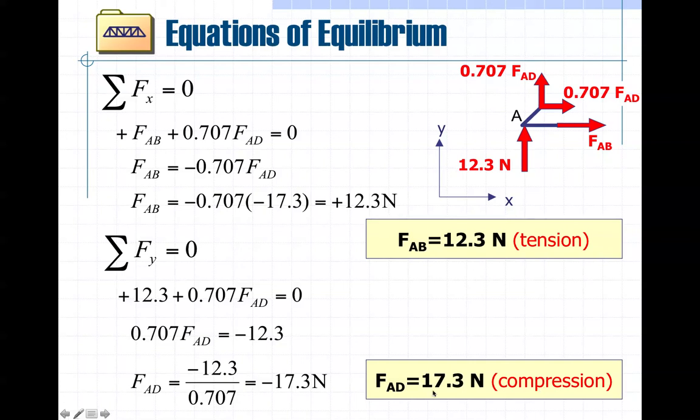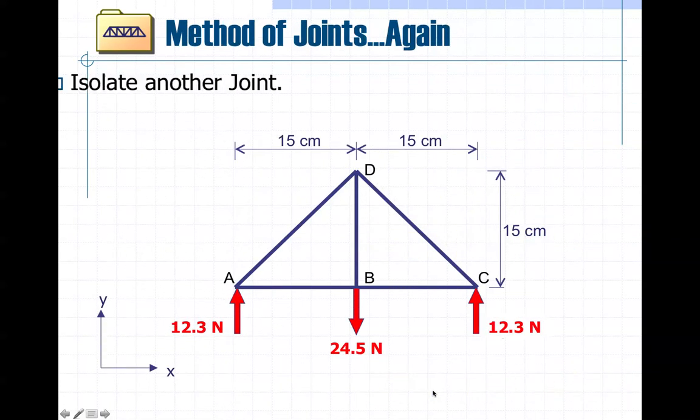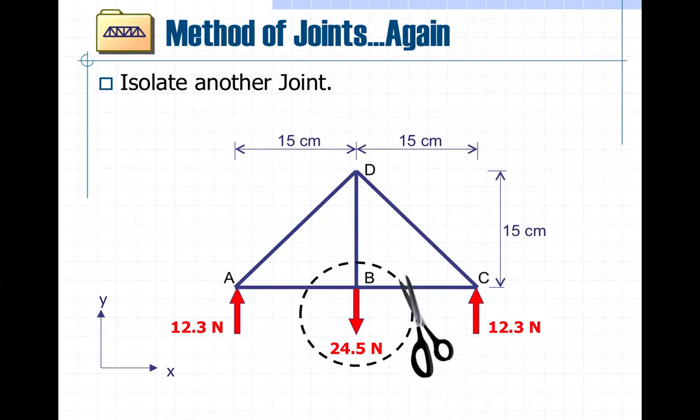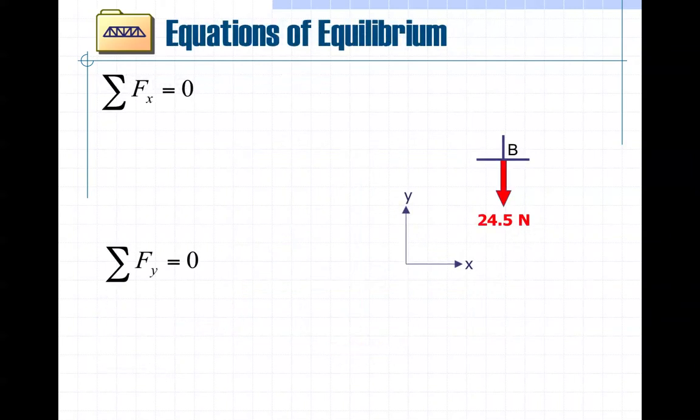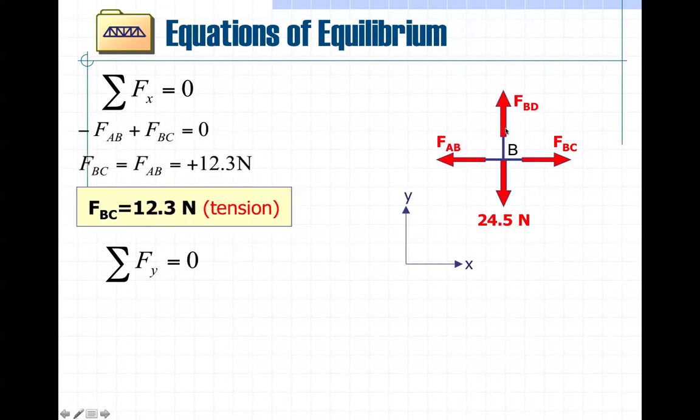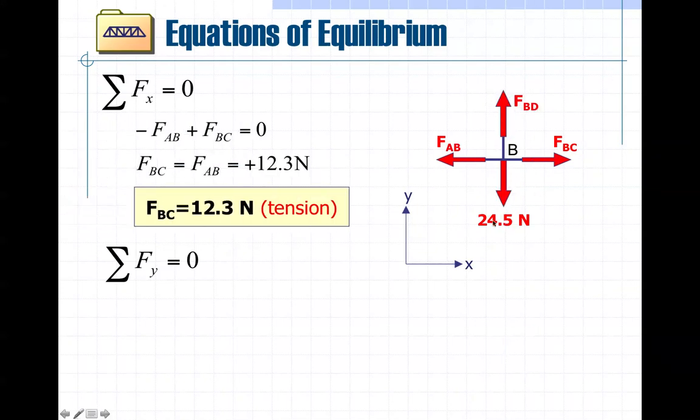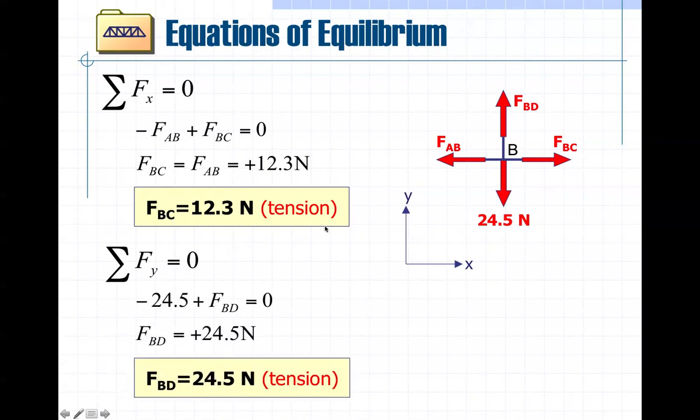So now I know those two, and I can isolate the next joint, B. And when I do that, I know F sub BD right away. That's an easy one. And because I already know AB, I know BC because those are equal. So that was an easy one.